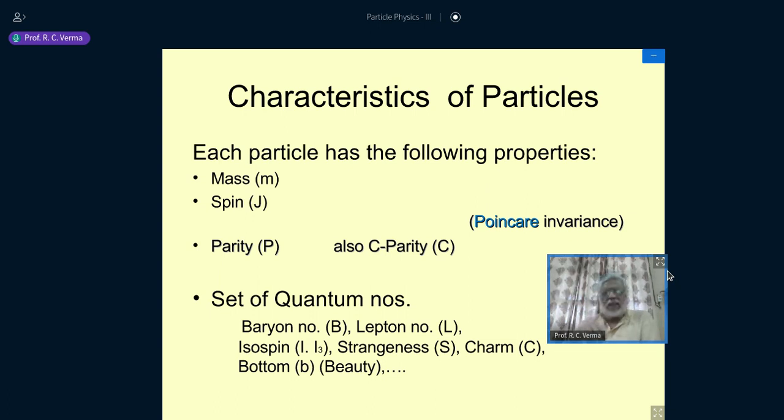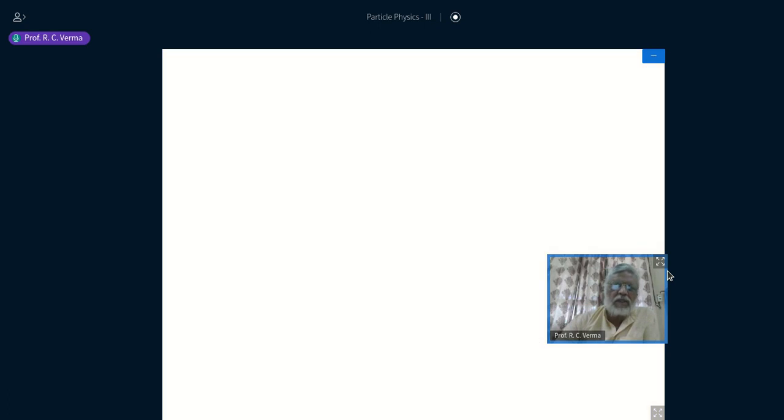But then strangeness and charm and bottom and these fancy words came to make life comfortable, at least verbally, though it requires a typical mathematical treatment using group theories, symmetries, and more formally, we have to develop relativistic quantum field theories to understand them properly. Besides that, there are other quantum numbers like colors, which we will see coming soon. This is what is happening in this world of particle physics.